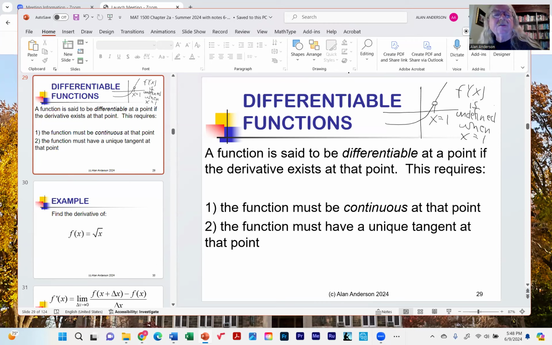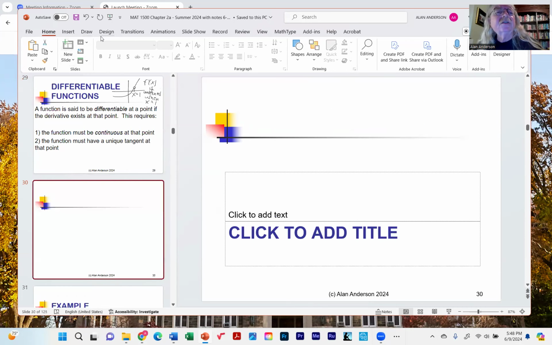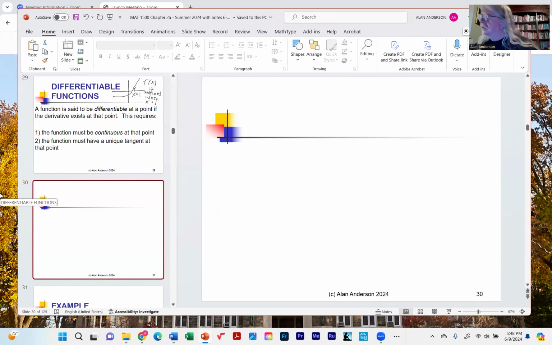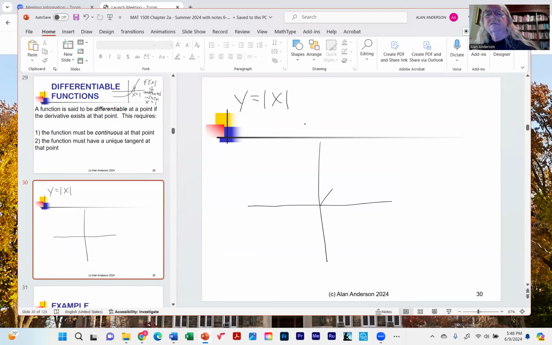Now, as far as the unique tangent part goes, that's very difficult to visualize. Let me show you a quick example of this. Imagine yourself running across this function, our old friend, absolute value of x. Whenever you have a sharp point like this, you've got a situation where the slope is going to be very different from one side to the other.